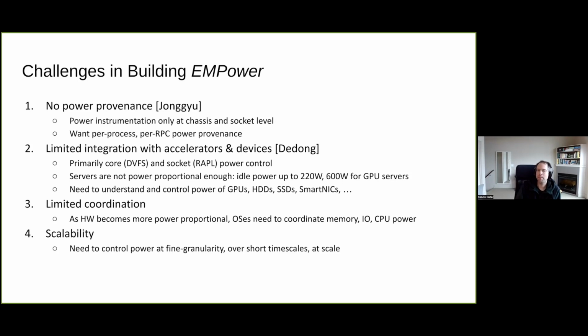And the main reason for this is that many of these other devices that we're now increasingly integrating into servers, such as those GPUs, but also storage devices, SmartNICs, other infrastructure accelerators, are not currently particularly power proportional. And so we need to build this knowledge to understand how they're using their power and ultimately build mechanisms for them to control their power better.